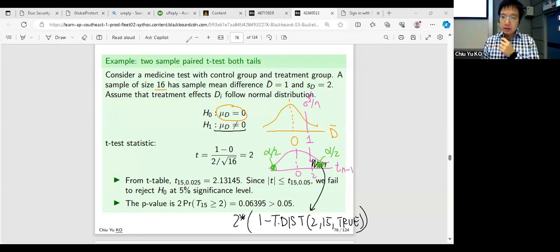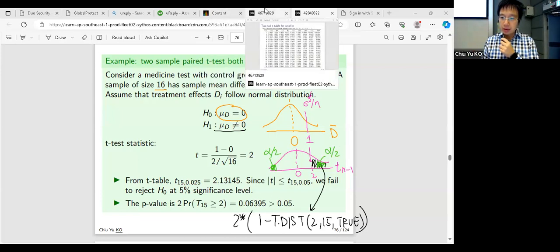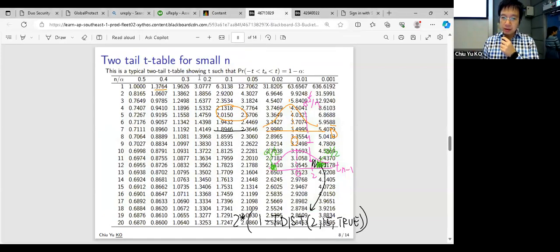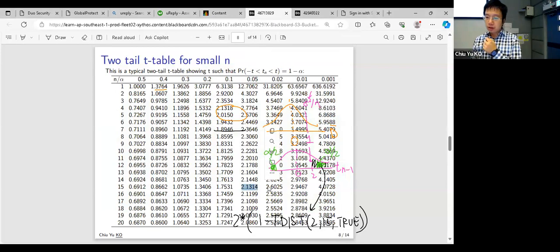We look at the 5% column, and because N is 16, we look at the 15 one. So it's 2.13, which is inside that, so we fail to reject. Is that clear? Is that okay?